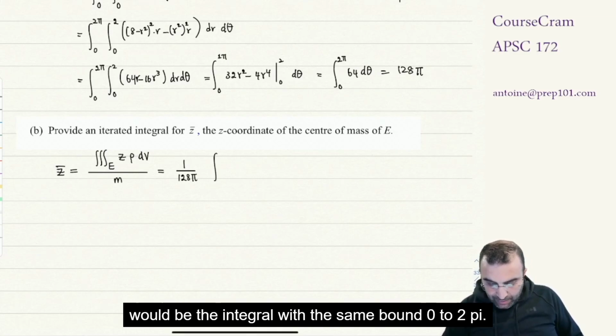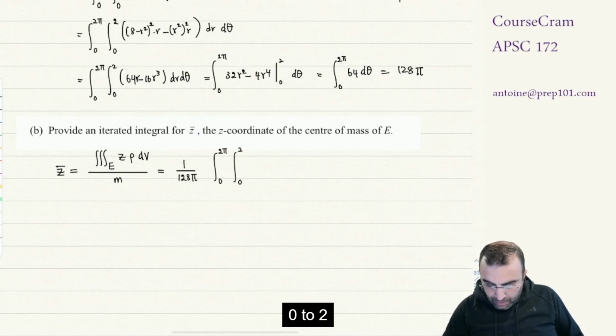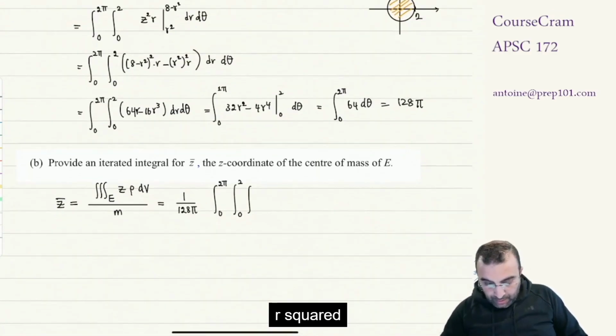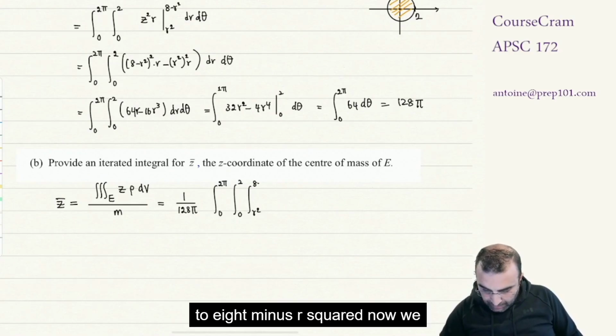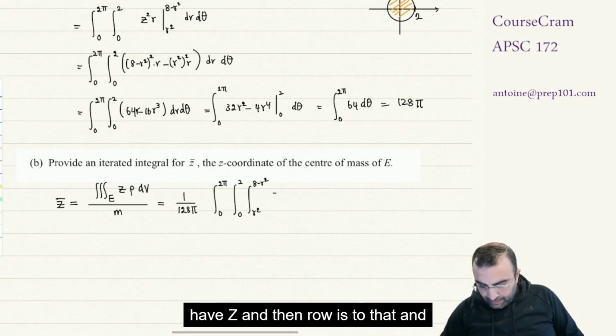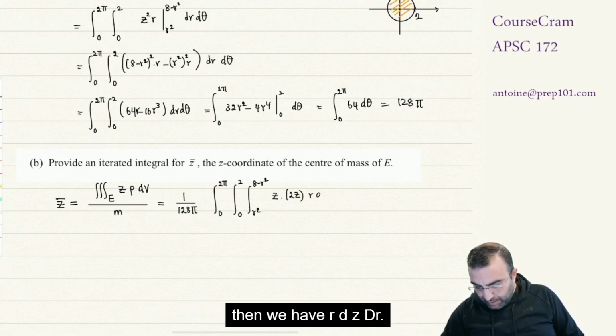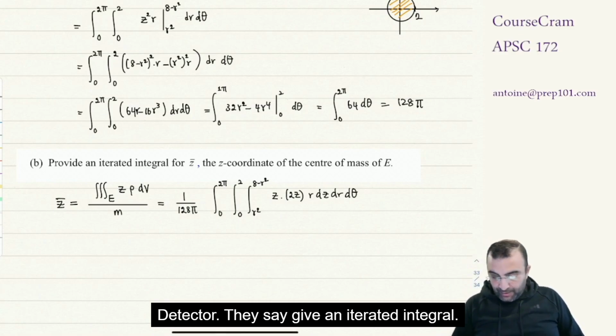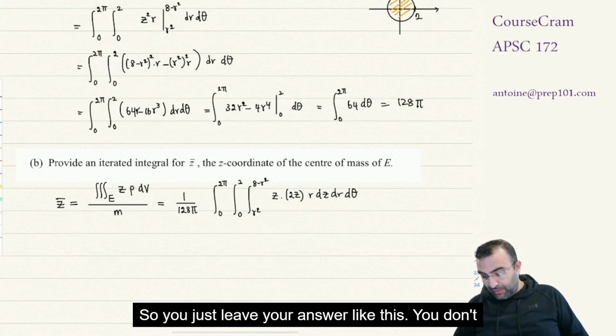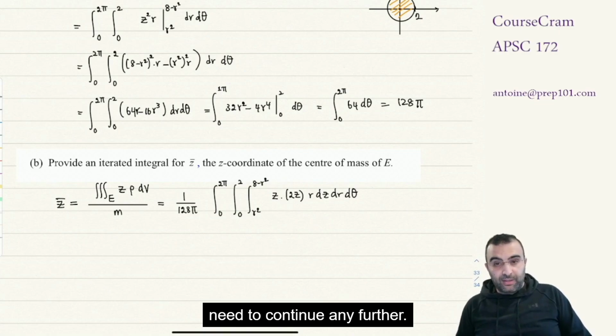And z bar would be 1 over 128 pi times the integral with the same bounds, 0 to 2 pi, 0 to 2, r squared to 8 minus r squared. Now we have z, and then rho is 2z, and then we have r dz dr d theta. They say give an iterated integral, so you just leave your answer like this. You don't need to continue any further.